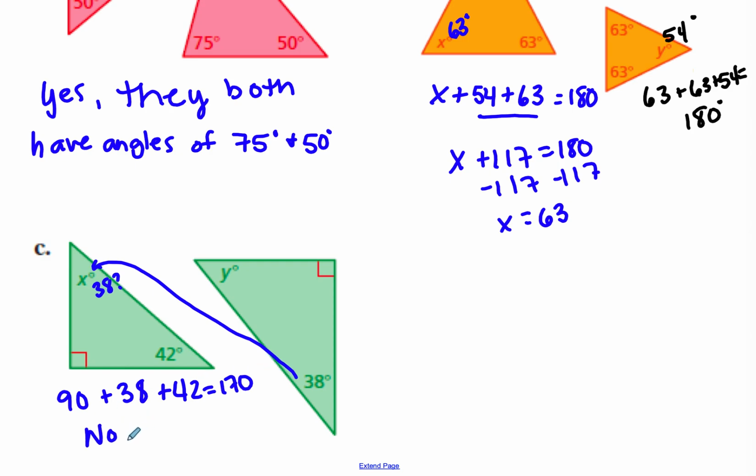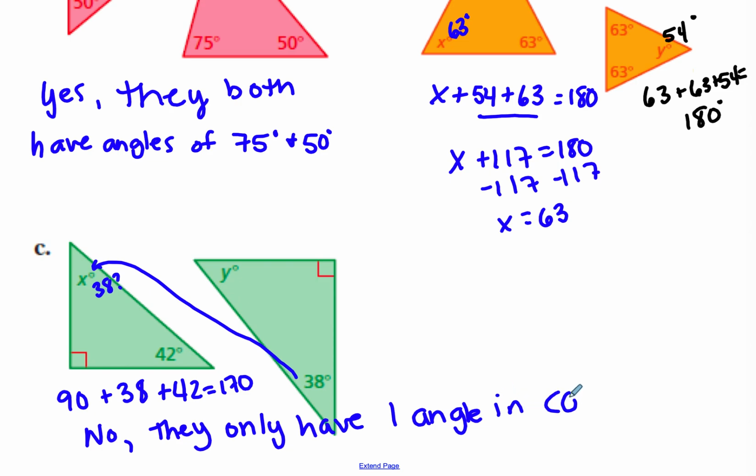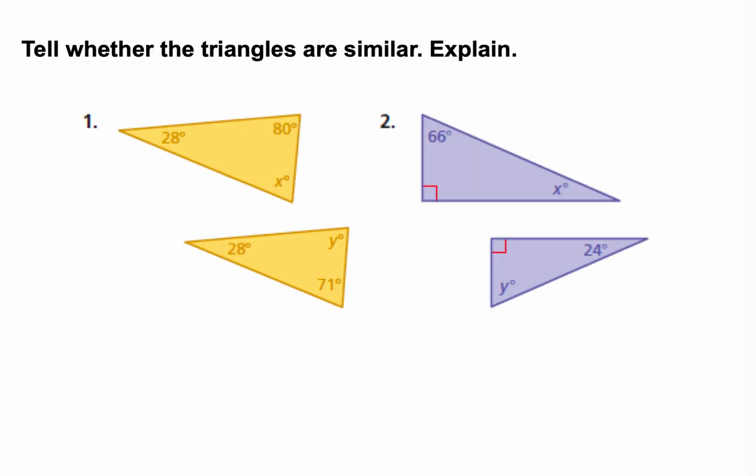So my answer here is no, they only have one angle in common. If I set up and solved an equation, I would find that this one would actually have to be 48 instead of 38. All right, go ahead and pause the video and try these two.